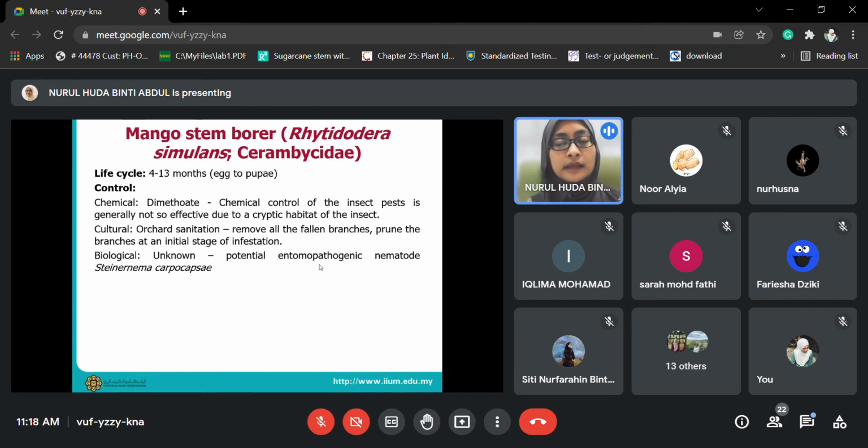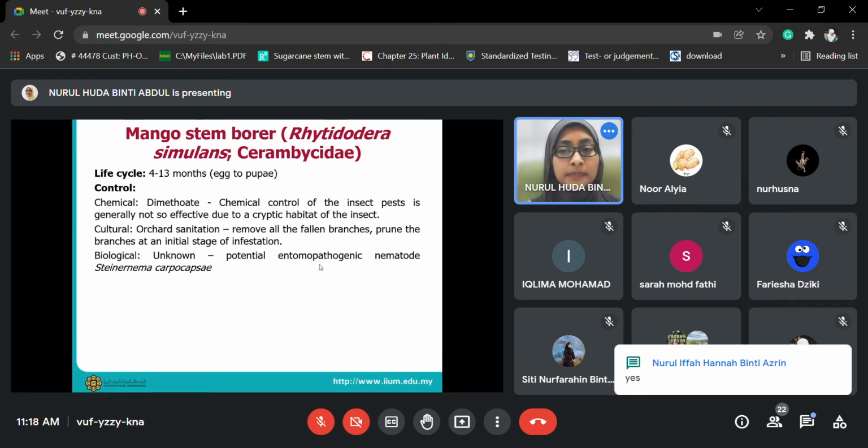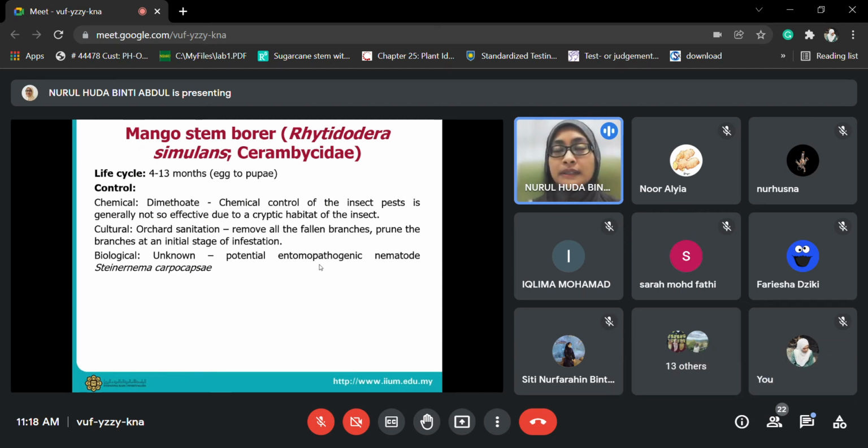So they can only control the pupae. So if this insect actually can pupate on the trunk or inside the trunk before jatuh dekat tanah, so this nematode of course it won't work lah kan, sebab mana boleh nematode ni nak masuk ke dalam pokok, ke atas batang. So they just act in the soil.